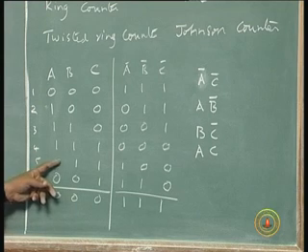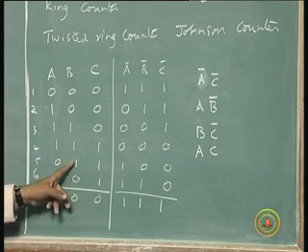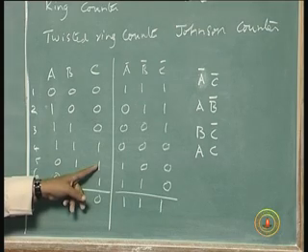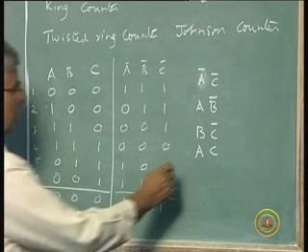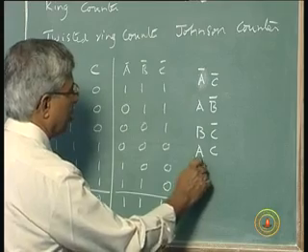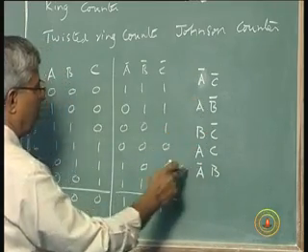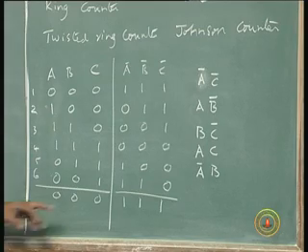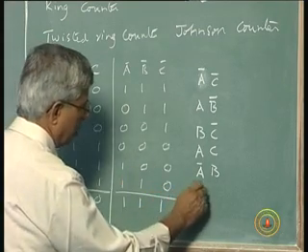This one would be A bar B, A bar C would be A bar C, this A bar B, yes. I think the complement of this will be B bar C bar, most probably B bar C, complement operations.